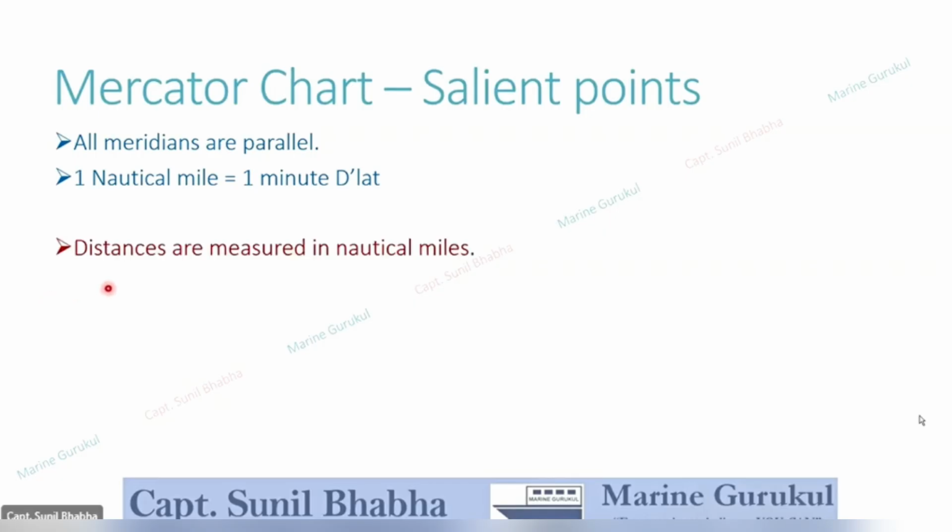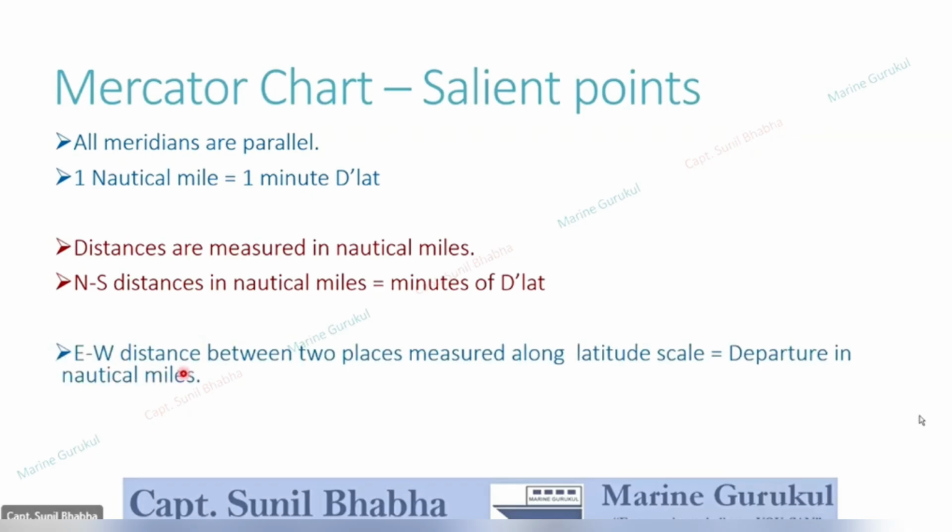The distances are measured in nautical miles. Or in other words, the scale of distance is same as the scale of latitude. The north-south distance measured on a Mercator chart in nautical miles is equal to the minutes of d-lat between the two places.